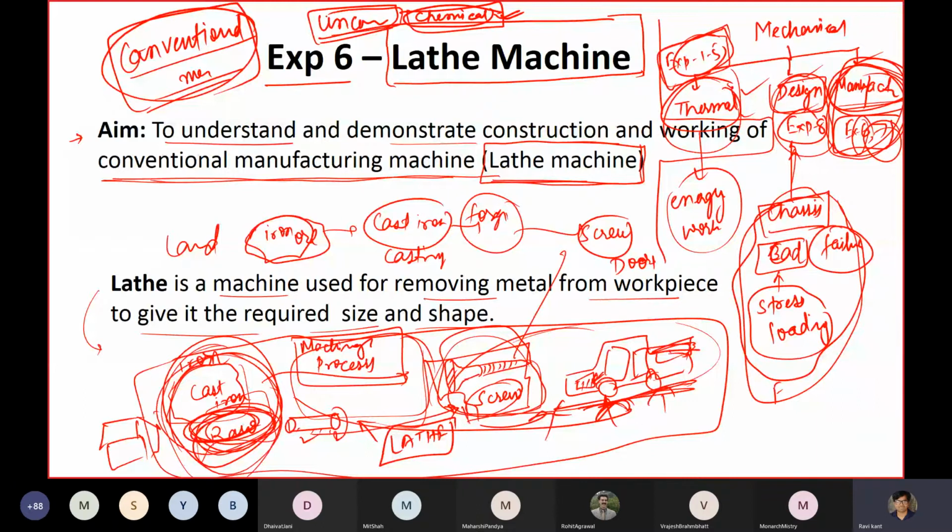So this lathe machine is all about conventional machining, and that too it falls under some sort of the workpiece you are going to use is axisymmetric.